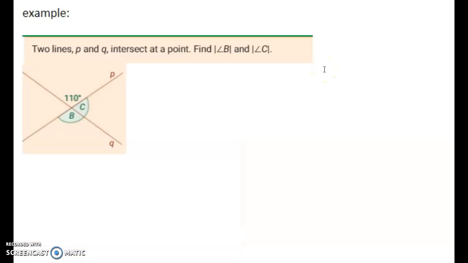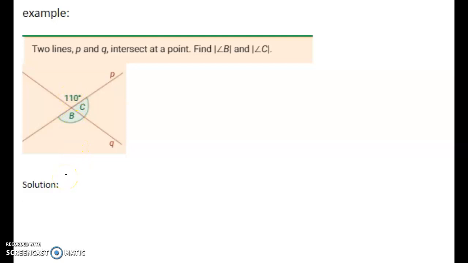Okay, so in this question here, we have two lines P and Q that intersect at this point here. And we have to find the size of the angle B and the size of the angle C. So our solution. Okay, so what can we say? Well, we can say that the angle B is directly opposite 110 degrees.